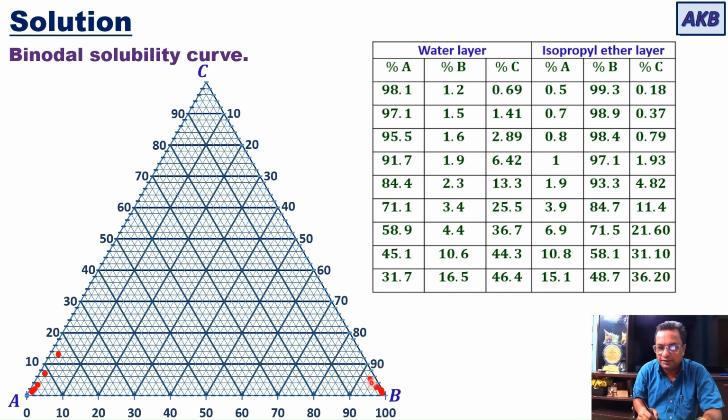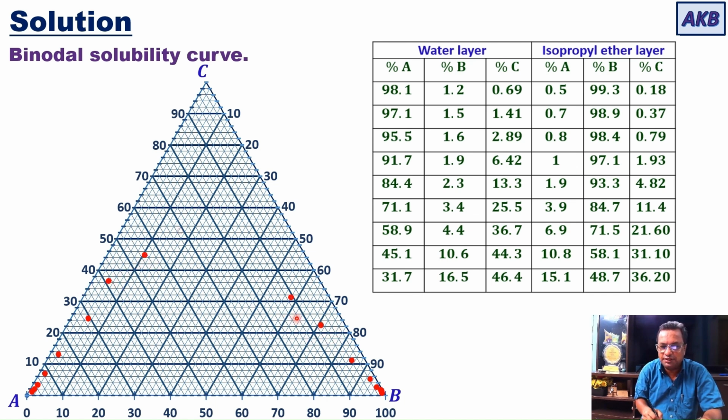Then the next point is 71.1. So the point is represented over here. Then the corresponding point is represented on the side. So this composition is in equilibrium with this composition.